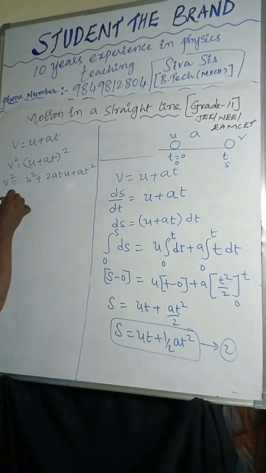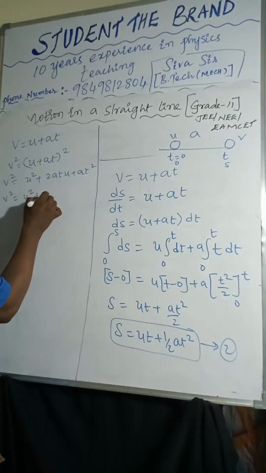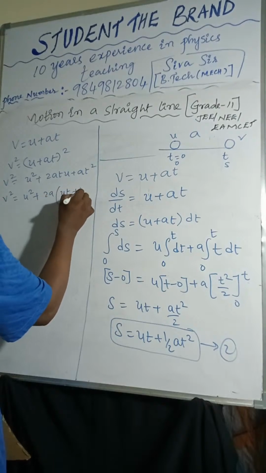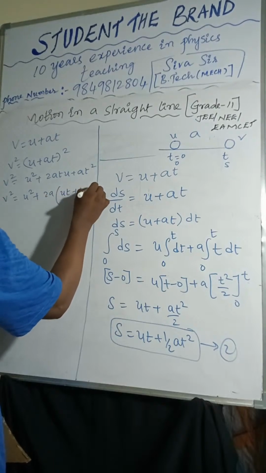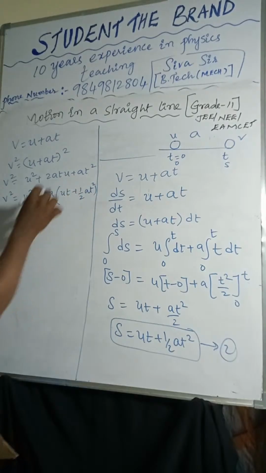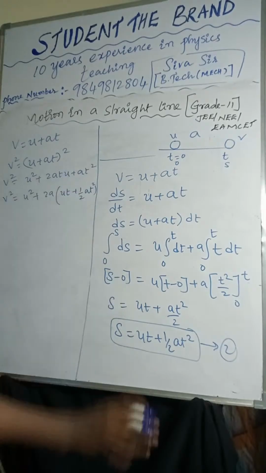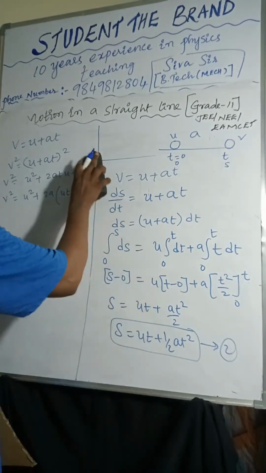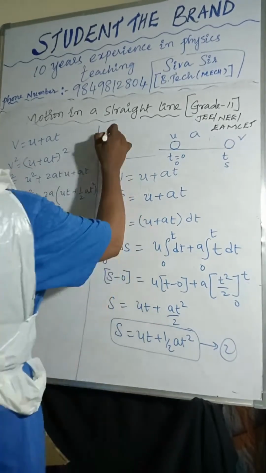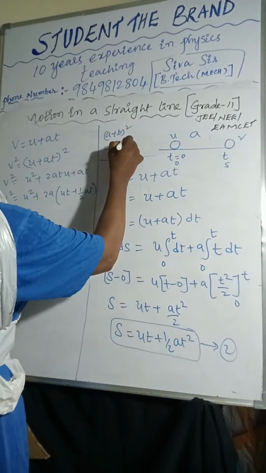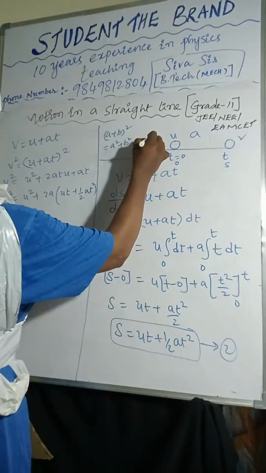Here I am taking 2a common. Square we have to take on both sides, using the formula a plus b whole square equals a square plus b square plus 2ab.